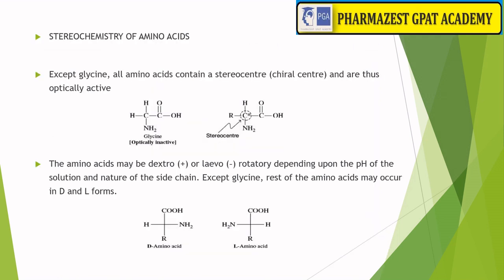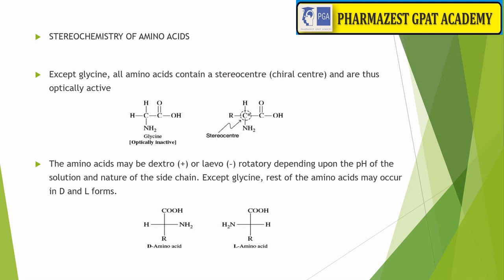Next, coming to stereochemistry of amino acids. Except glycine, all amino acids contain a stereo center. As I discussed in previous classes, what do you mean by a stereo center? That is a chiral center.